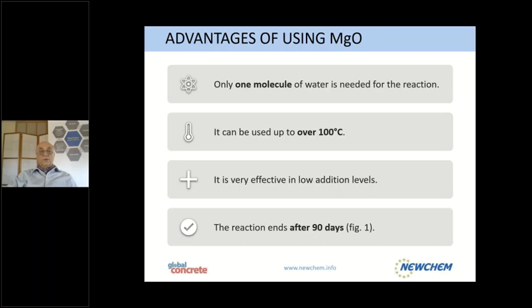And a nitrogen molecule needs about 32% of water to get into ettringite. Which means that if you don't have enough water in your product, the reaction cannot happen. Magnesium oxide goes over 100 degrees, there's no problem, and the reaction ends after about 90 days.